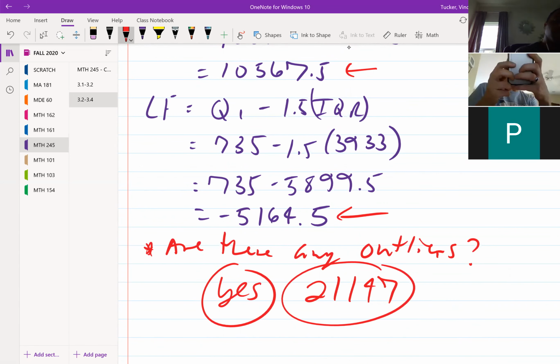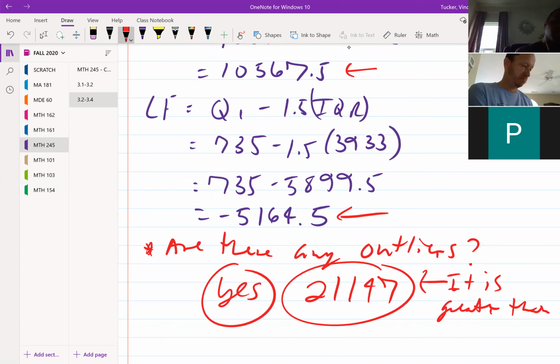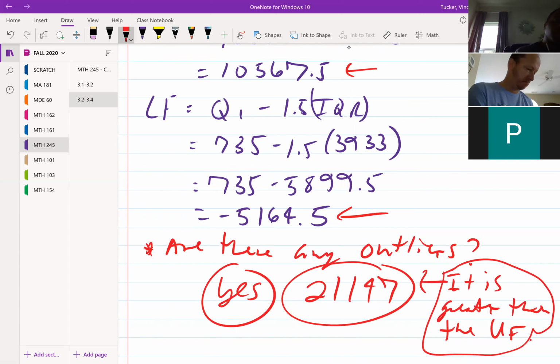So that is an outlier, because it is greater than the upper fence.